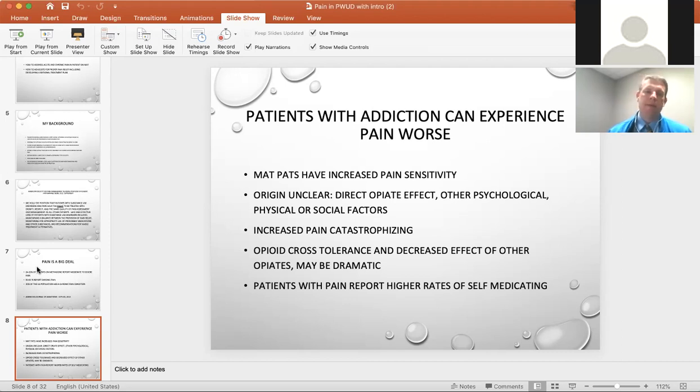In and of itself, pain is a very significant trigger for our patients to use, to self-medicate, which, again, is not to say that we condone that. That's just a reality. Oftentimes, if the pain isn't addressed properly, it's putting their recovery at risk. So next slide.